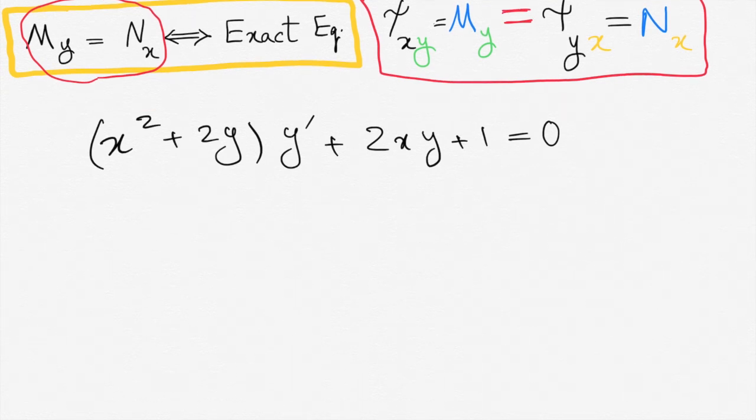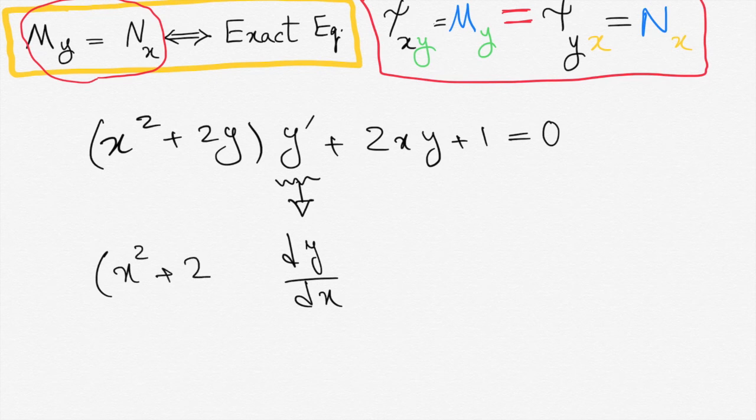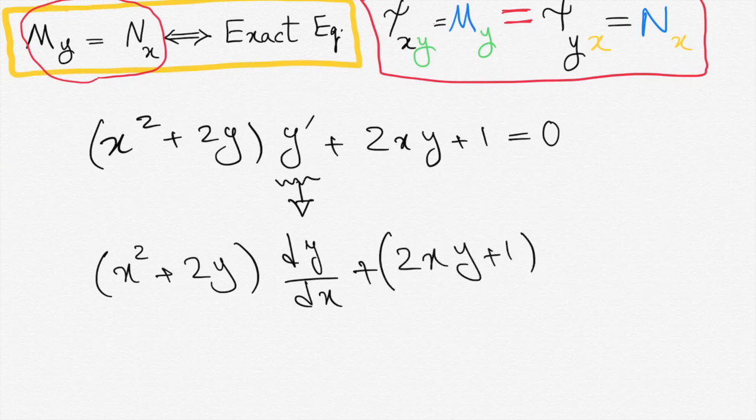We want to see whether we should think about it as an exact equation or not. So we say that here we have dy over dx, and here we have x squared plus 2y times this, which is the n, plus 2xy plus 1 equal to 0.